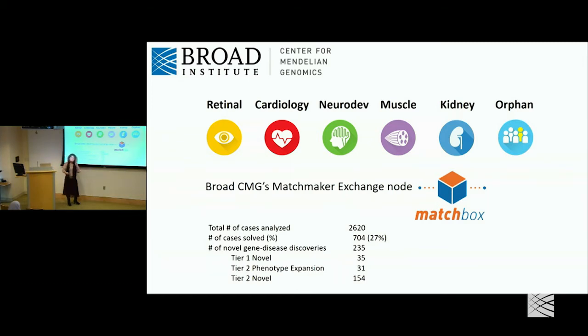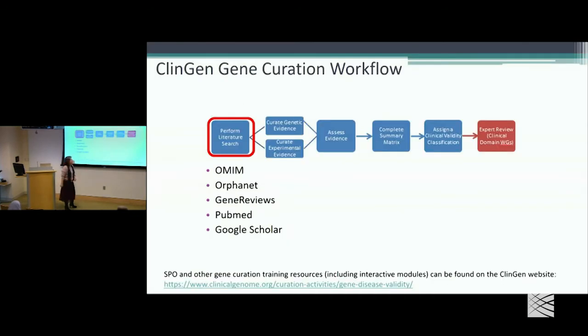Tier 2 are phenotype expansions. That means a gene that's already been implicated in one disease, we discover that other mutations cause another disease. Or a lot of them are candidates, but there's not enough evidence for causality. So that's sort of where Broad Rare Disease Discovery and our CMG is at right now.